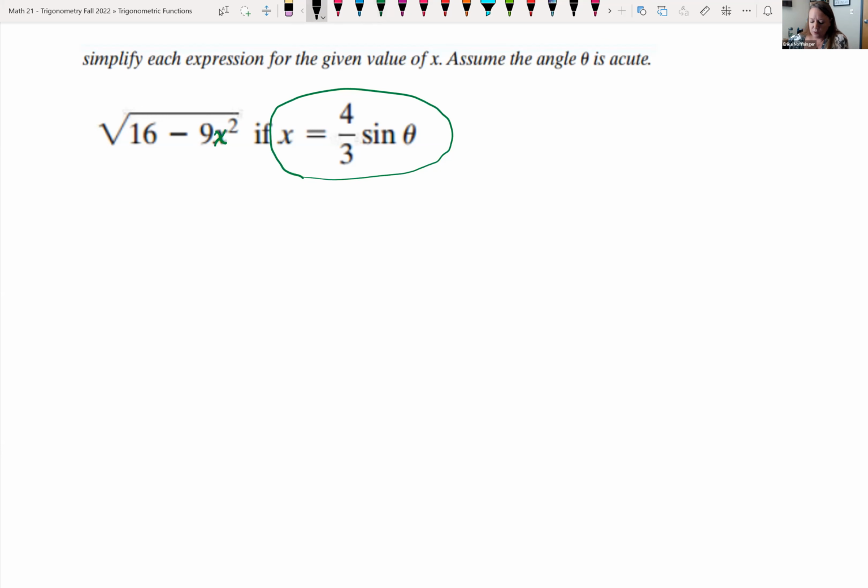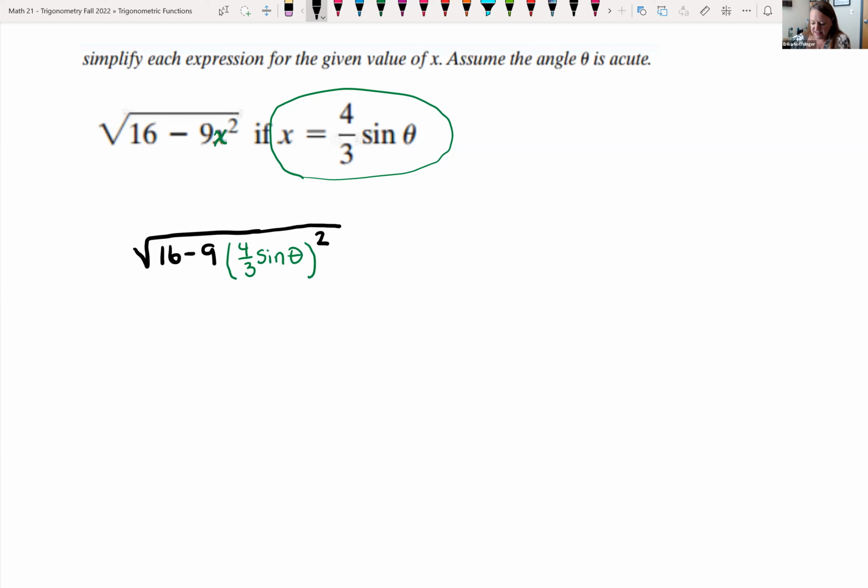And we have the square root of 16 minus 9 times x squared, but x in our case is 4/3 sine theta, so we square that 4/3 sine theta.